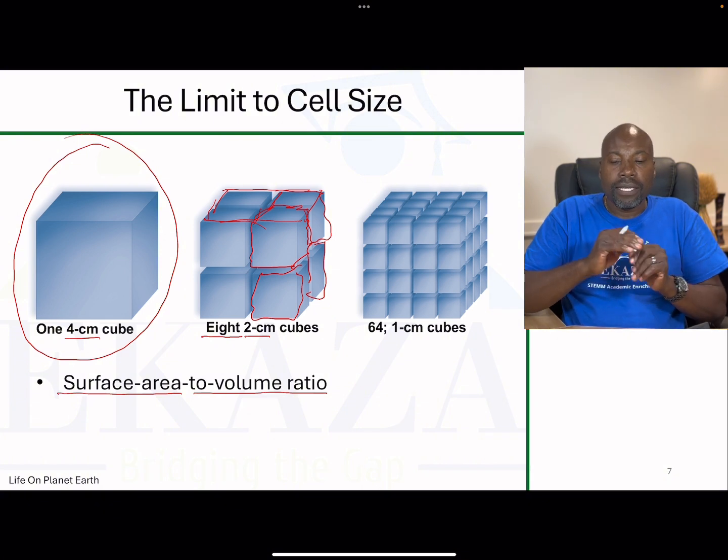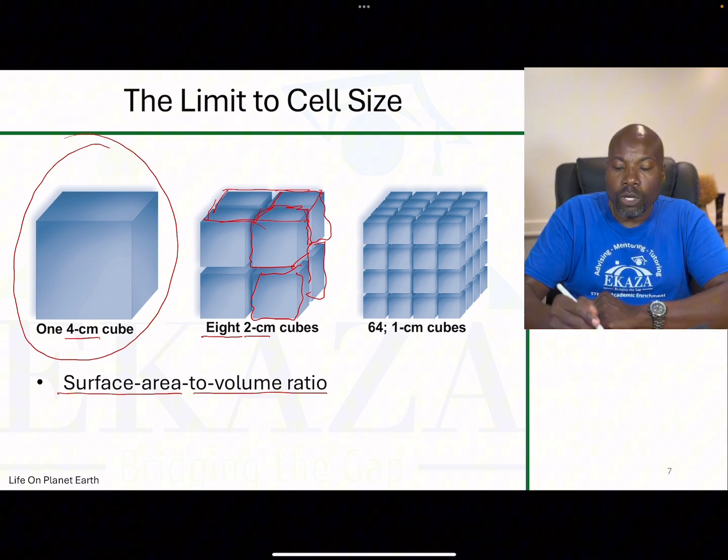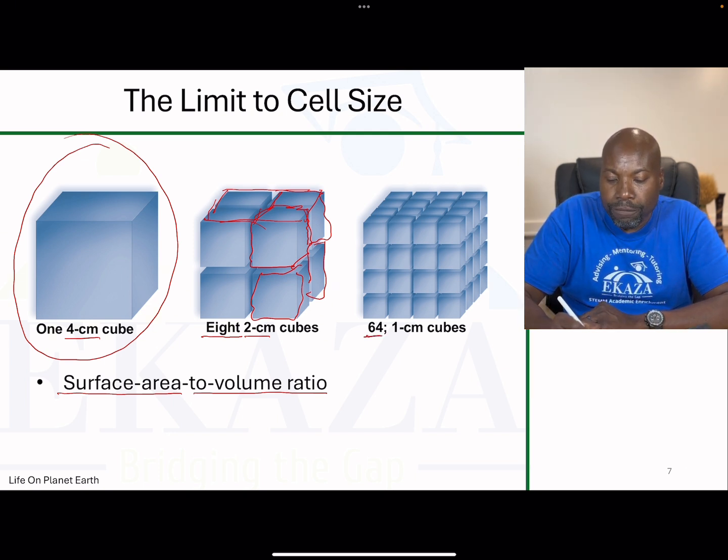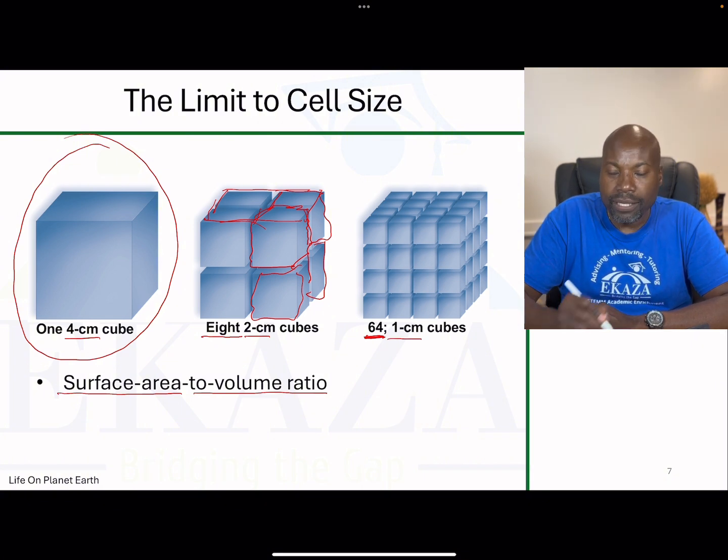Now, if we split the cube even into smaller size, now we are going into 64 cubes that each has 1 centimeter.